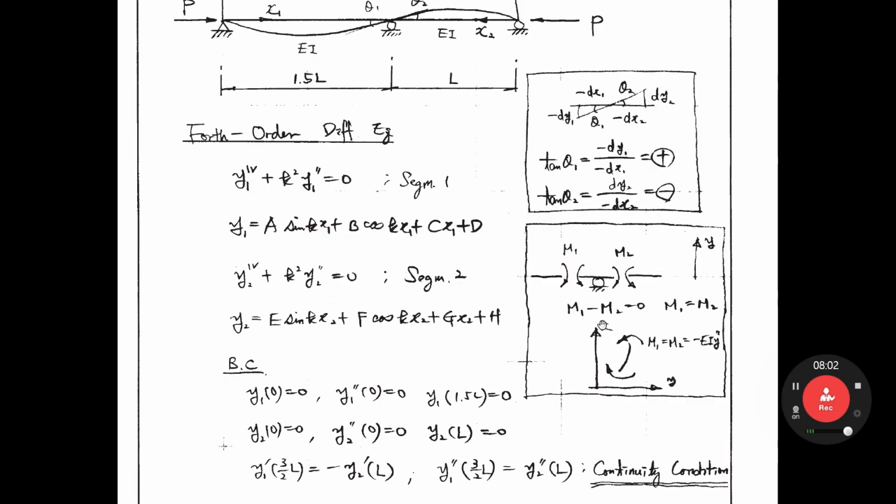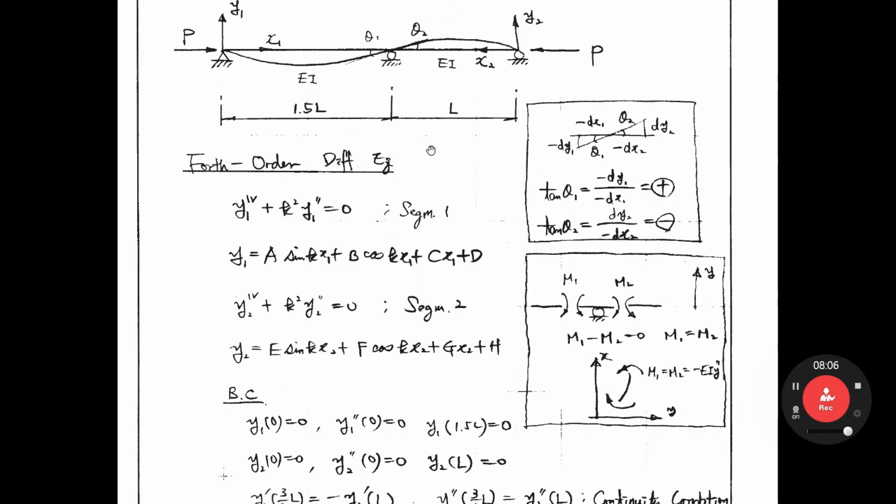Another sign convention is this. Look at here. We assume the moment directions like that, this direction and this direction. If we establish the equilibrium at this point, clockwise and counterclockwise, m1 minus m2 equals 0. It is the moment equilibrium at this joint. So m1 equals m2.